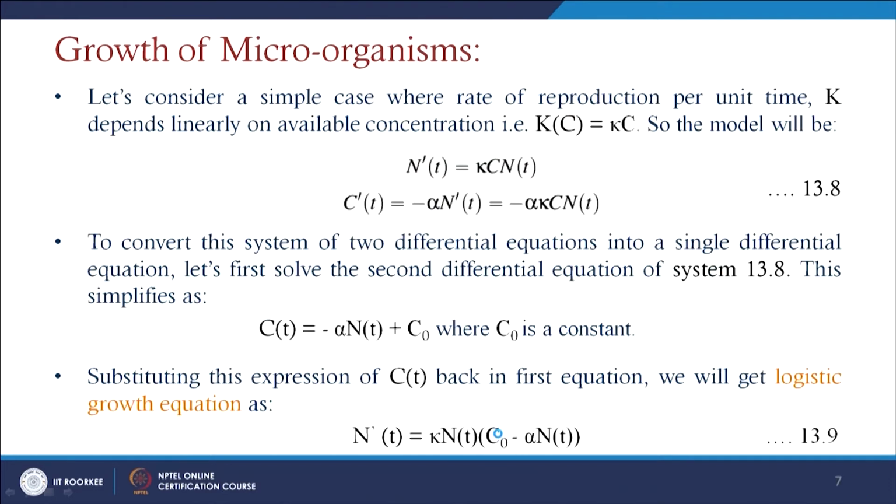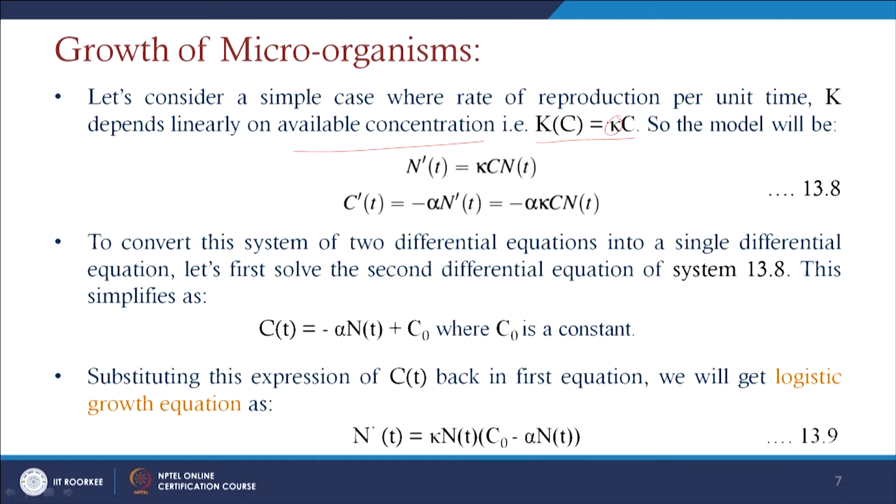If you consider a simple case where the rate of reproduction per unit time k depends linearly on available concentration, since there is no other restriction, they are just eating the food and growing, that is k of C, we can write k into C there, where k is a constant.